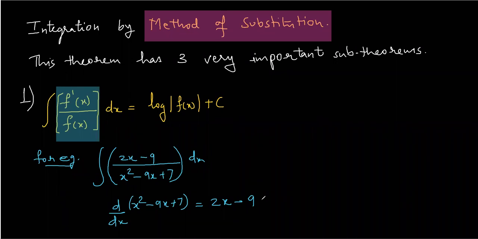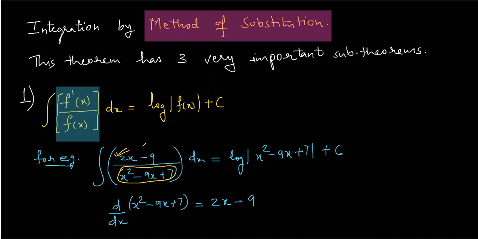So the denominator's derivative is 2x minus 9. So here I notice that the derivative of the denominator is present in the numerator. So the whole answer will be log of mod of the denominator, x square minus 9x plus 7, plus c. That's it.